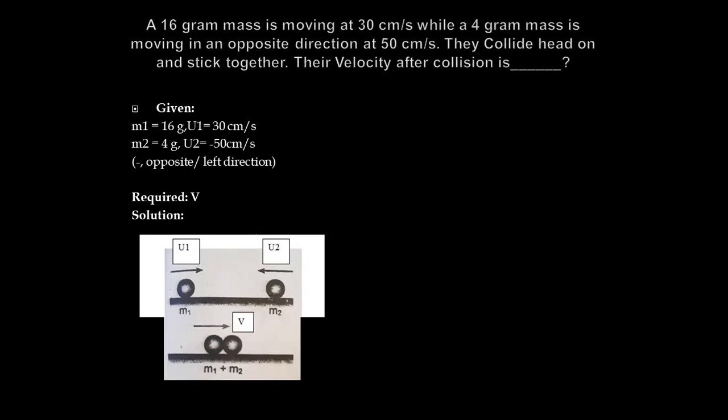After the collision, both masses are attached as M1 and M2 with a single velocity after the impact.